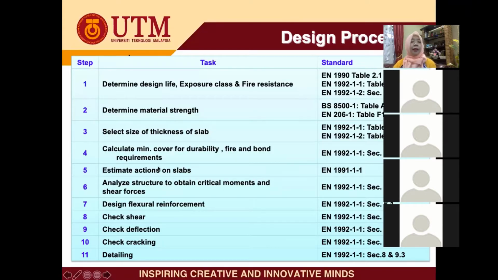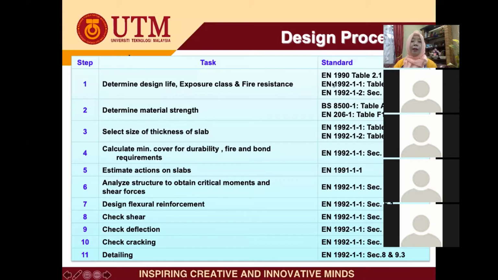Okay, this is the step. This is similar to the flowchart, but here I put the standard. The standard, yeah, you need to refer to. For example, we need to determine the design life. Is it 50 years, 100 years, and so on. Exposure class and also fire resistance.